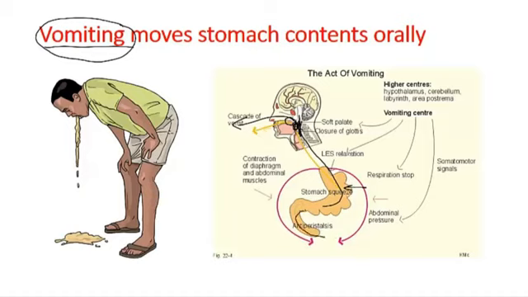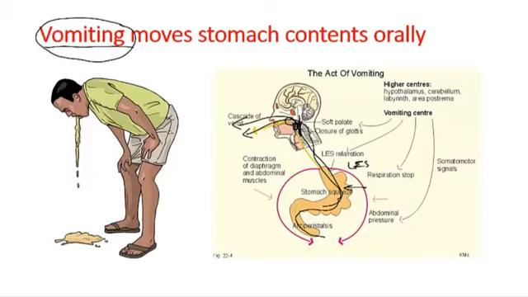So it's against the whole process of digestion. The stomach antrum contracts, forcing the stomach and intestinal contents through the lower esophageal sphincter. Even though the sphincter is present to block this backflow, the force from the contraction of the antrum is so much that the contents are thrown into the esophagus, through the upper esophageal sphincter, and out of the mouth.